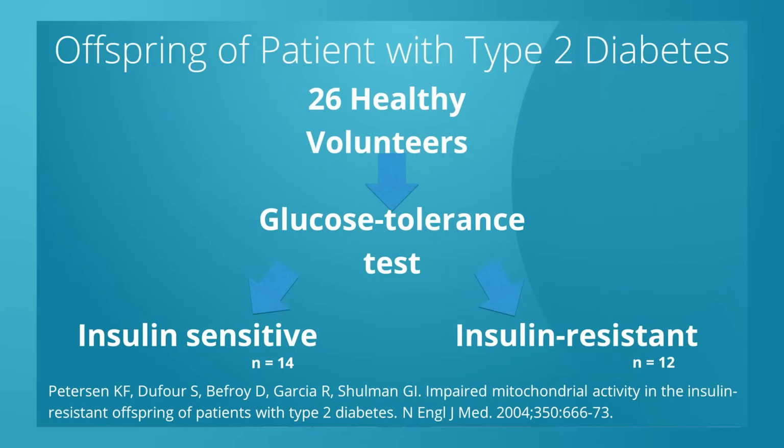They brought in 26 healthy volunteers, and they gave them a glucose tolerance test. Did you ever have that test? You drink 75 grams of a syrupy solution, and then we track your blood sugar over the next couple of hours. And some of the participants were what we call insulin sensitive, meaning when they drank this sugary solution, their blood sugar went up, but it quickly went right back down because the insulin was able to tuck the sugar into their cells.